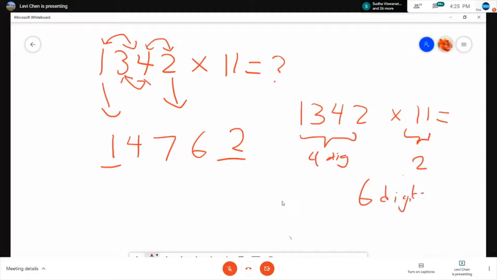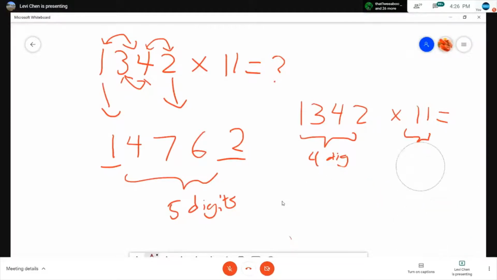It's going to be 6 digits, subtract 1 equals 5 digits. So your answer is almost always going to be a 5-digit number. As you can see here, the answer is 14,762, which has 5 digits. If you get a 6-digit number, most of the time it's probably wrong. So that's a way to check your answer.